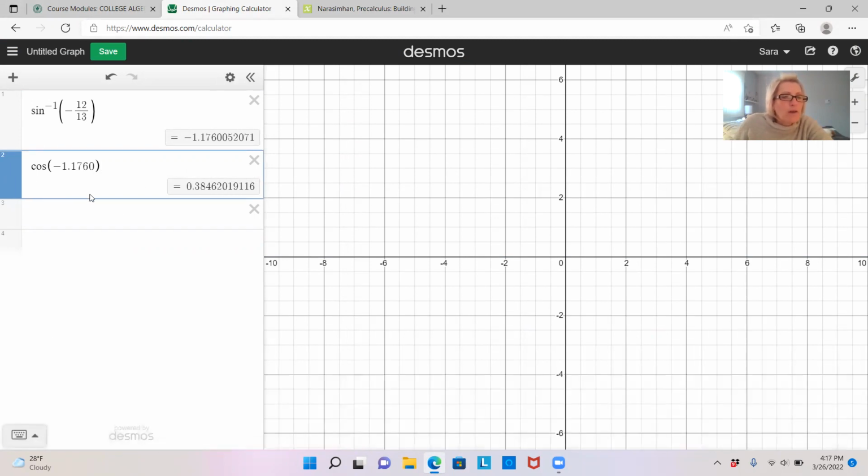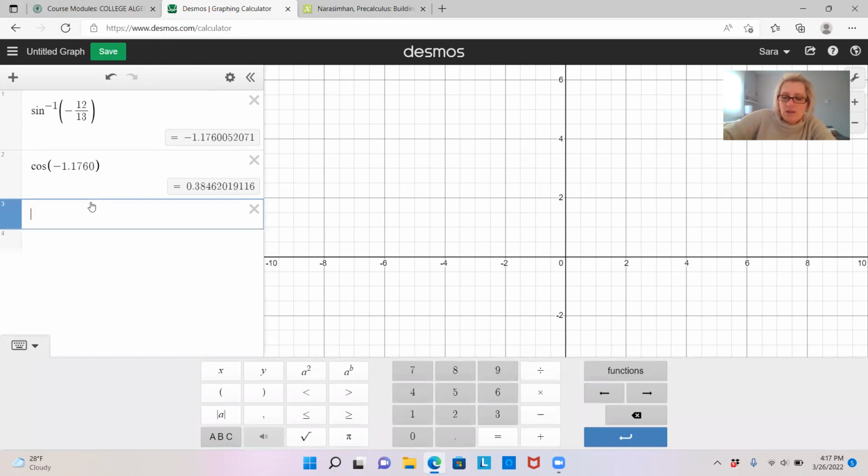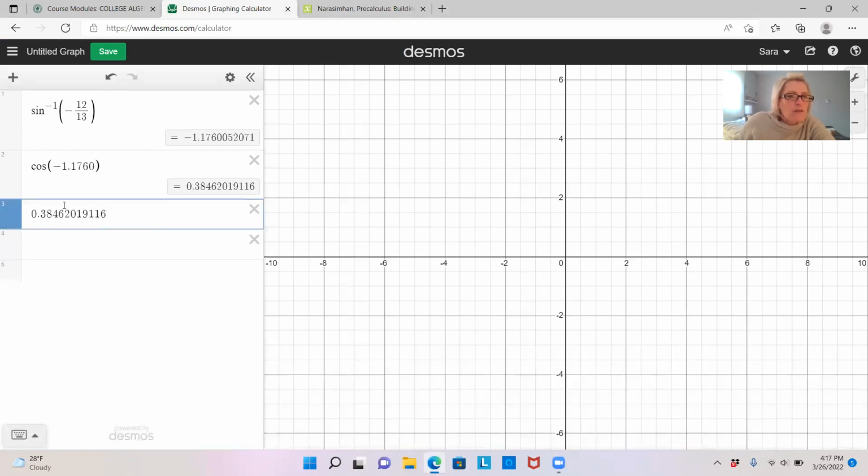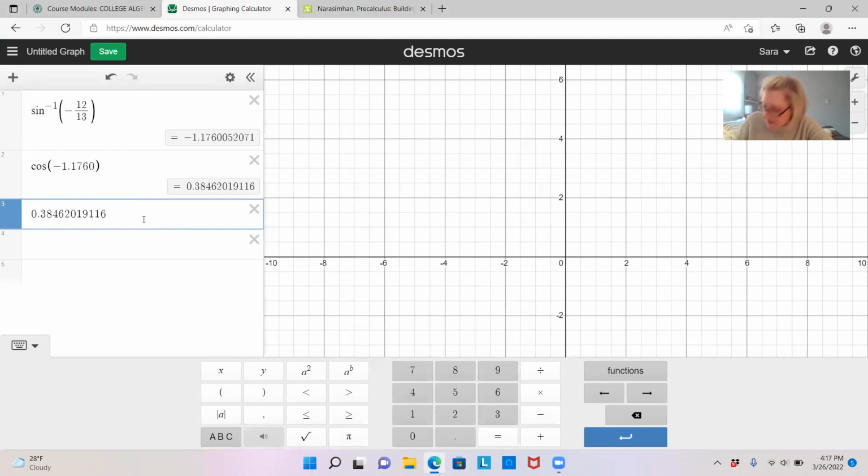I don't think we can turn that into 0.384620190. If we click on it, I don't think we can make it turn into a fraction. Yes, it's still the fraction of 5/13. It's just not working out that way to show the perfect fraction here.